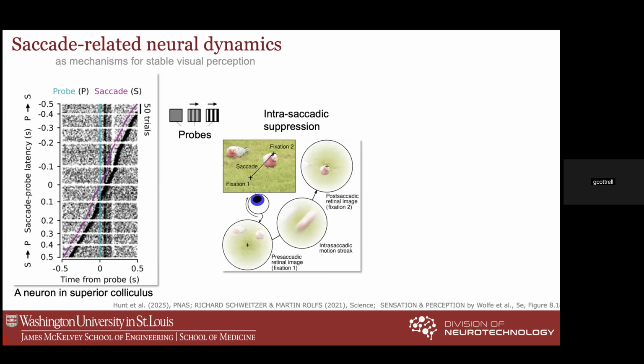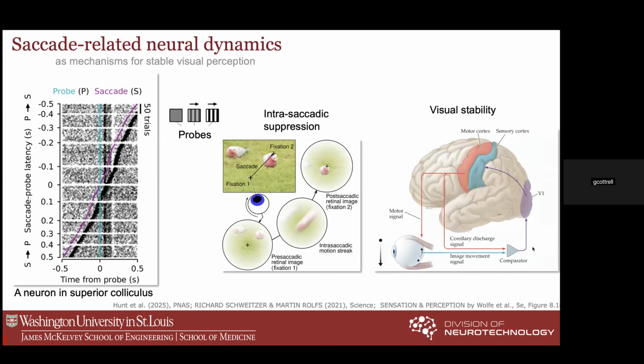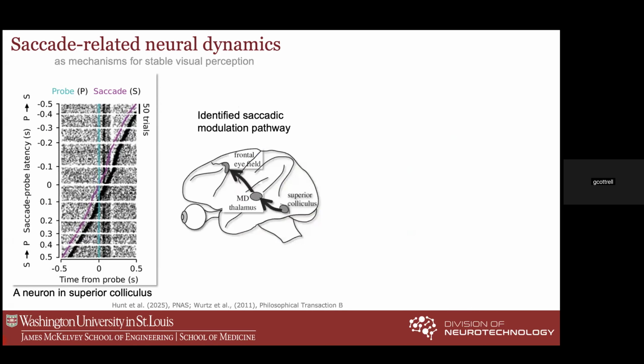Second is that the brain needs to keep in register where in the external world the pre- and post-saccade images originated from. The saccade-related neurodynamics are believed to contain a copy of the motor signal, aka an efferent copy. And the identified pathway is mainly from the superior colliculus to the frontal eye field.